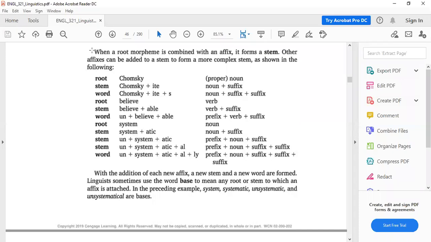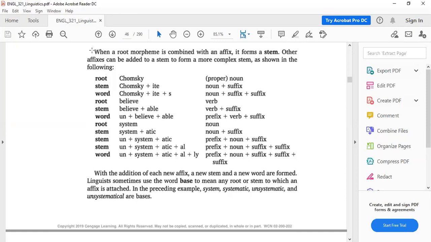But don't be confused, because root is a free morpheme. System is a free morpheme. System is a word, and systematic is a word. But what's the difference between system and systematic?